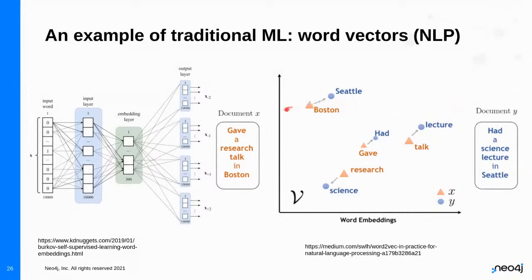So what I see here is that the word Boston and the word Seattle are pretty close to each other within this plot. Talk and lecture are close to each other, but lecture and science are not. Talk and Boston are not, because they're not similar words. So we're calculating word similarity here.